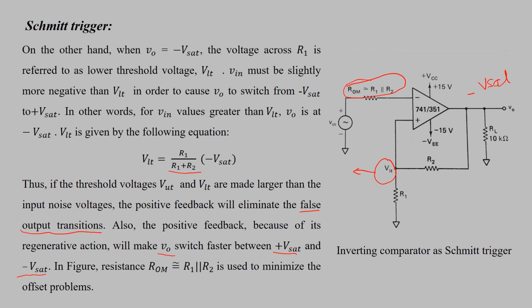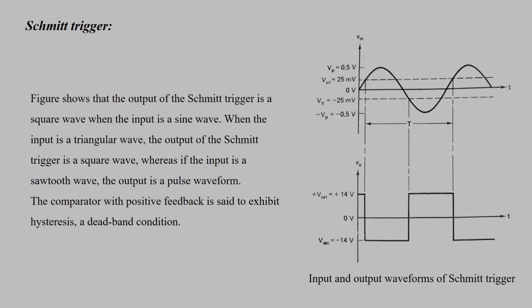This is the inverting comparator as a Schmitt trigger. The figure shows input and output waveforms of a Schmitt trigger. The output of the Schmitt trigger is a square wave when the input is a sine wave. When the input is a triangular wave, the output is a square wave again.